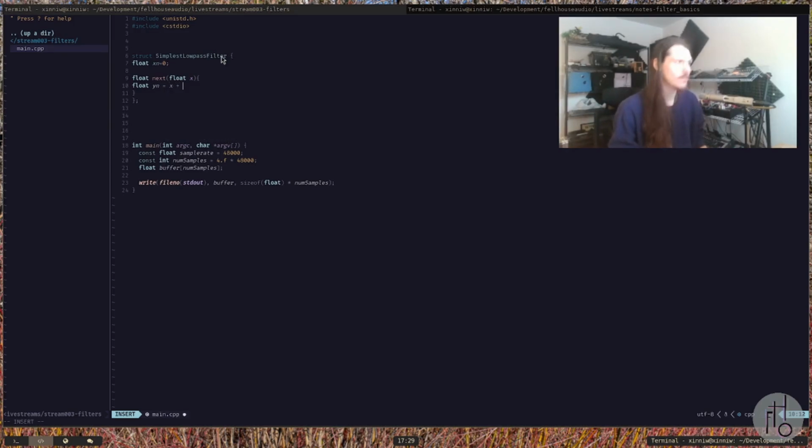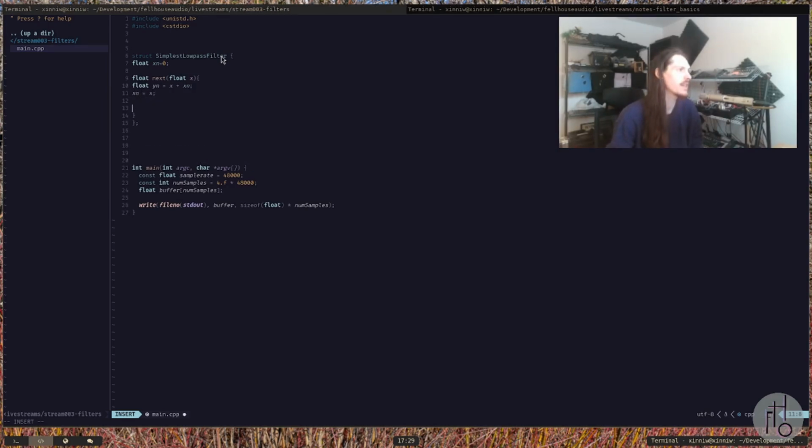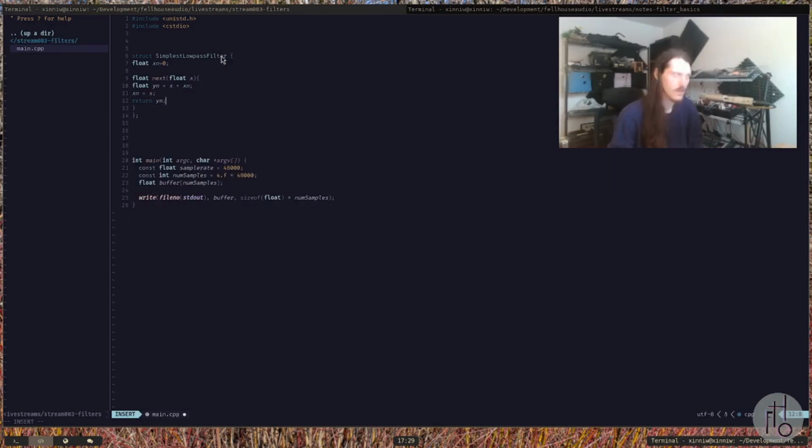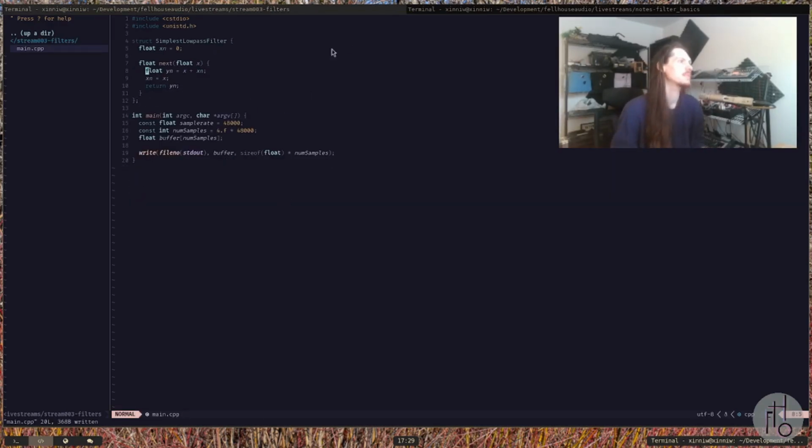Okay, here's the filter. The output sample is equal to the current sample plus the previous sample. And then we'll just set the previous sample equal to the current sample at the end before we're done. And voila. That's the filter. That's it. It's the simplest low-pass filter.